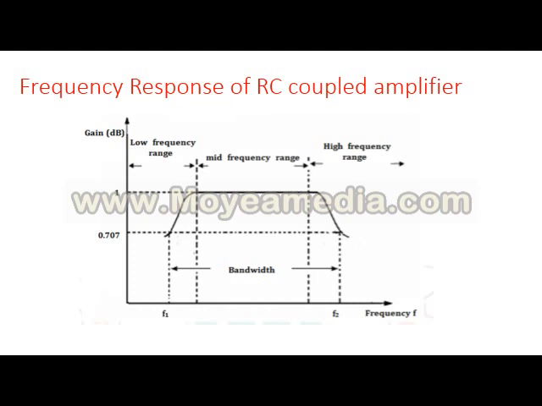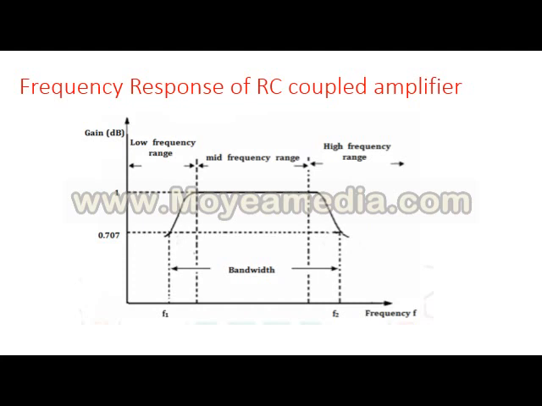In the high frequency range the gain decreases from a maximum value to a minimum value, or we can say that at high frequency also the gain is less. And in the mid frequency range you can see that the gain is maximum and constant.